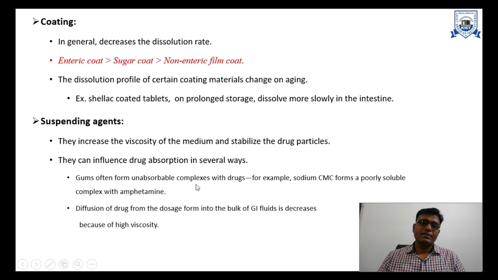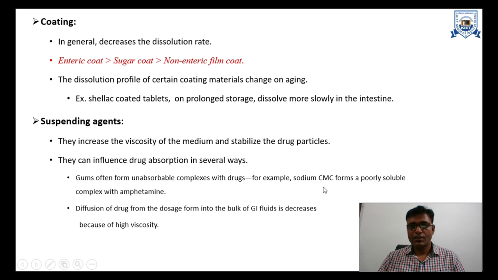Now the next one is suspending agents. These suspending agents are added in the liquid dosage form, basically in suspensions, to increase the viscosity of the medium so that it can stabilize the drug particles in the medium. And they can influence drug absorption in several ways. First, gums often form unabsorbable complexes with drugs.